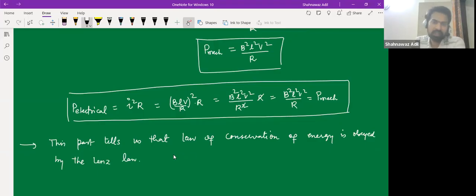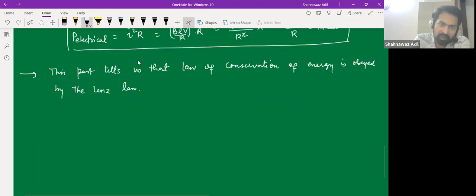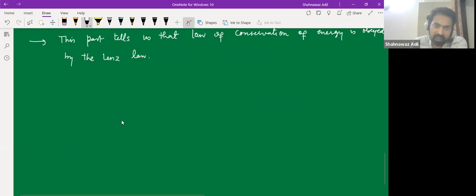Okay, so you guys please note it down. And what did we learn from motional EMF? We know that EMF is BLV, right? We know that I is BLV by R, and this has a negative sign.